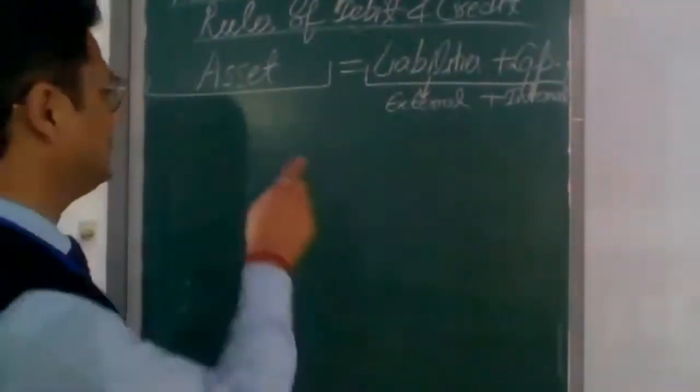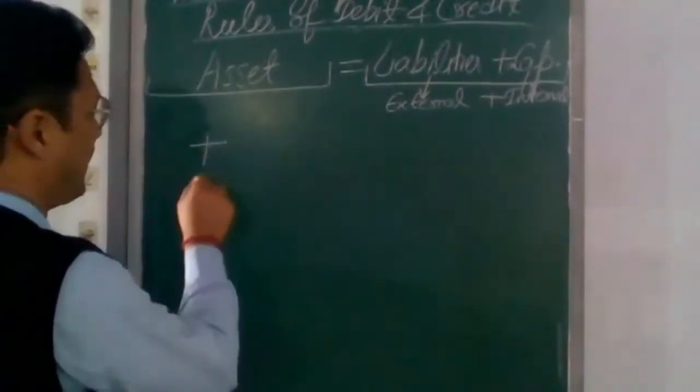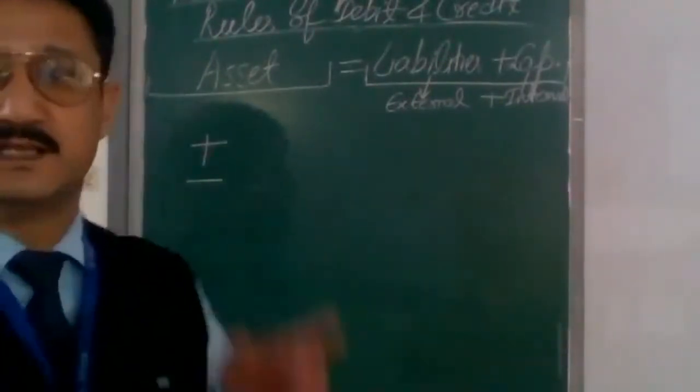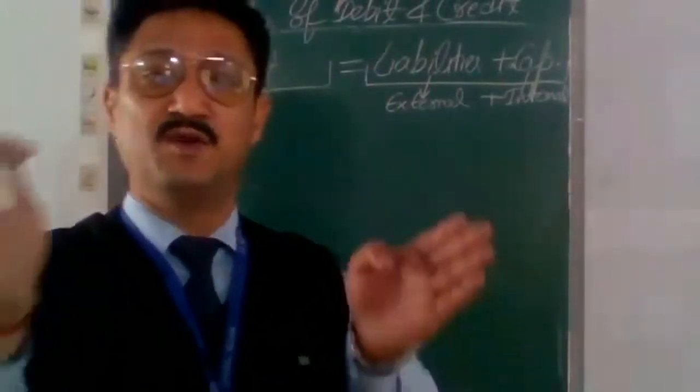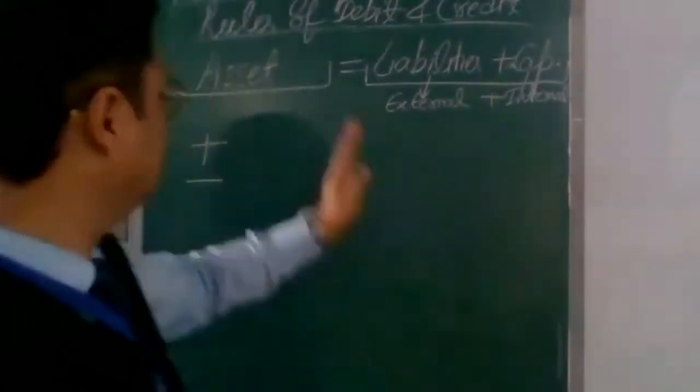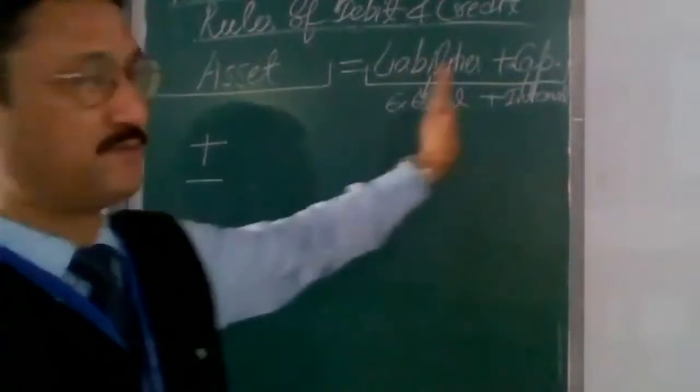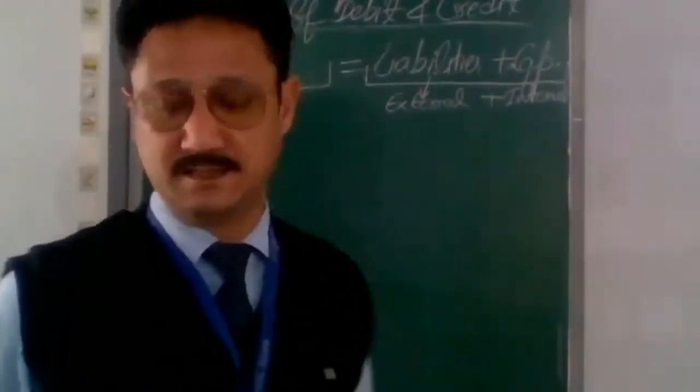The third method is to add and subtract the same amount on one side only, either the asset side or the liability side.